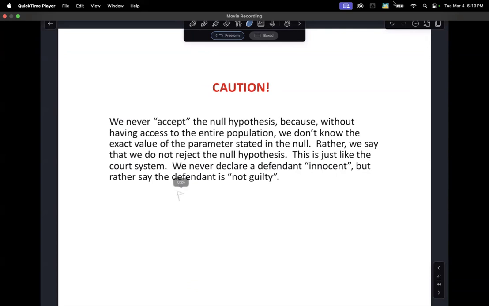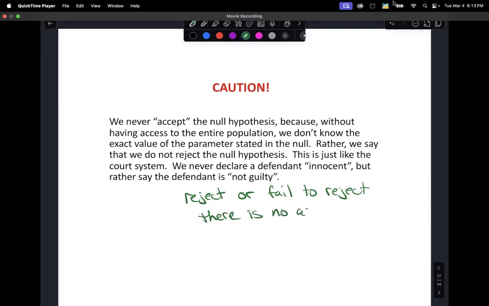There is no accept. It's like in court: a defendant is found not guilty or guilty, because not guilty does not necessarily mean innocent. It just means they were found not guilty. So reject or fail to reject, there is no accept. Do not use the word accept.